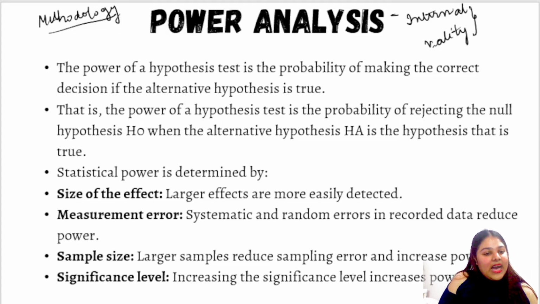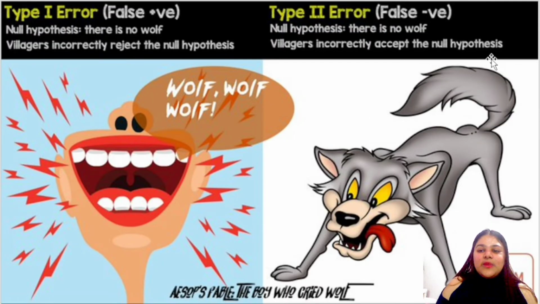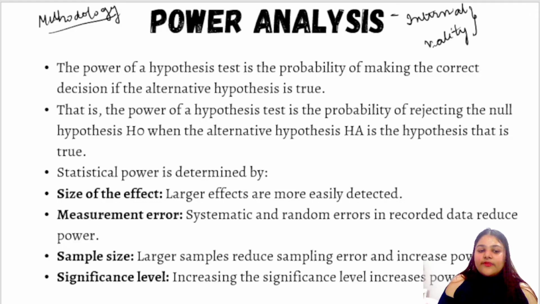By making sure that my study is effective, I am allowing it to work well. If the research team that was sent were much more effective, if they did their job nicely, then obviously I would be able to find a wolf in the village, and there would be no false negative, which means no type 2 error. So we do power analysis of a particular study to ensure that there is no false negative, because we discussed earlier this is more harmful.